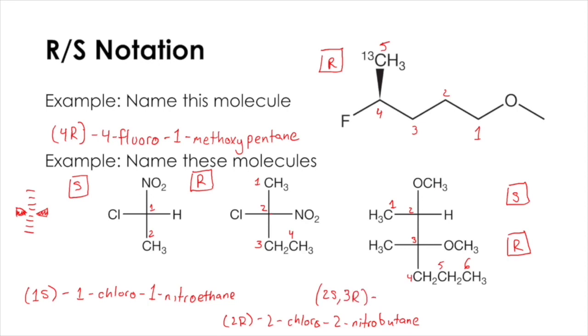And so methoxy comes before methyl alphabetically. So we have 2, 3 dimethoxy, because there are 2, 3 methyl, hexane. Like that.